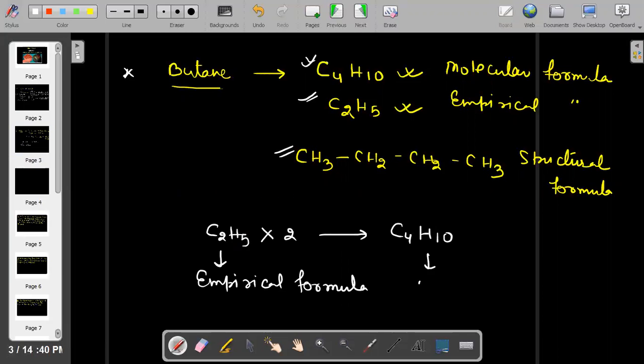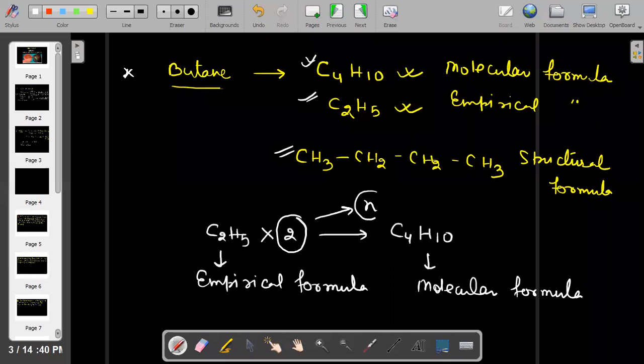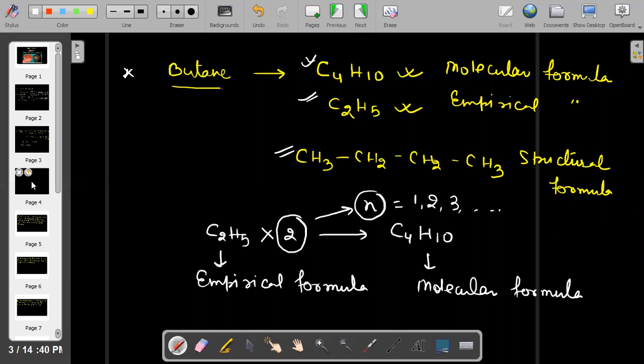This is the molecular formula. Now, this 2 is any number, 1, 2, 3. So suppose this is n, and maybe 1, 2, 3 according to the question. So what is the relation? Molecular formula is equal to n multiplied by empirical formula.